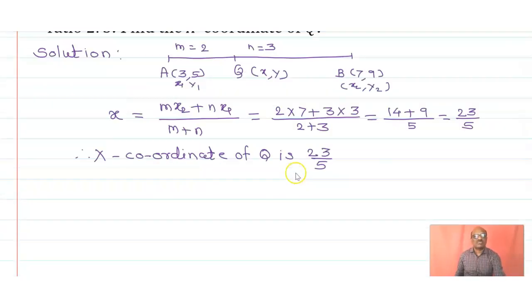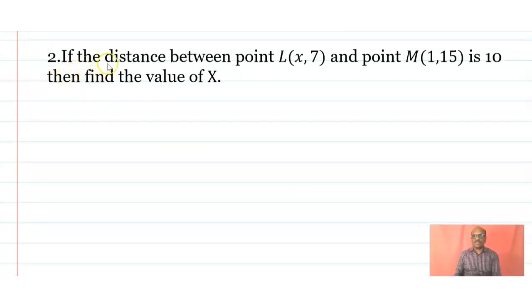Now, next question. If the distance between point L (x, 7) and the point M (1, 15) is 10, then find the value of x. Okay. Now the solution. The distance between L and M is equal to 10.